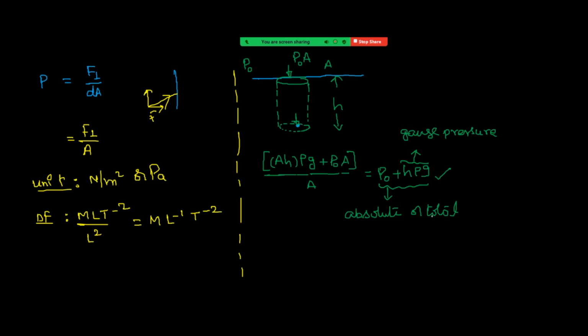So this is known as total pressure or absolute pressure. The extra value when compared to the pressure of the atmosphere is known as gauge pressure.